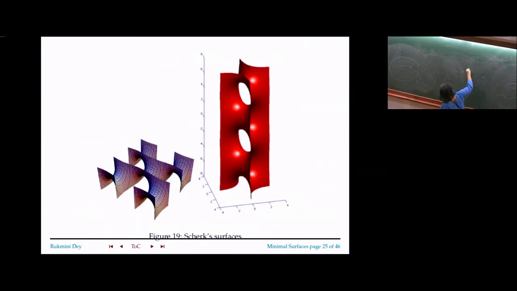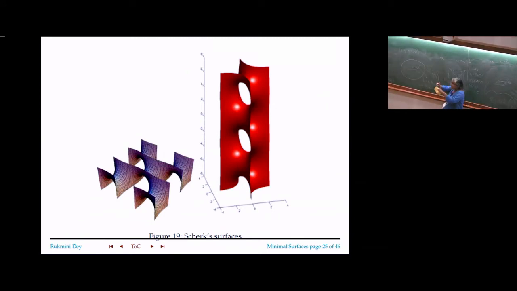But supposing I dip it further and make it a catenary sort of, then you can imagine that K1 and K2 will be minus of each other. K1 is minus K2, so K1 plus K2 is 0. So the condition is that the mean curvature is 0.